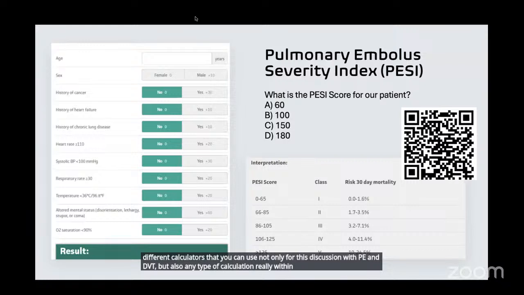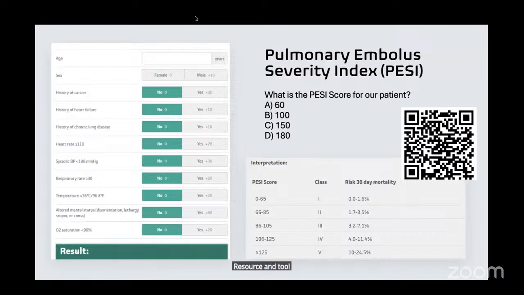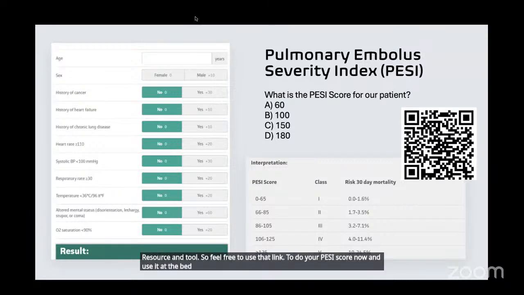It's called MDCalc. It's a really great resource and tool. So feel free to use that link to do your PESI score now, and use it at the bedside anytime you need to do a calculation for your patients.